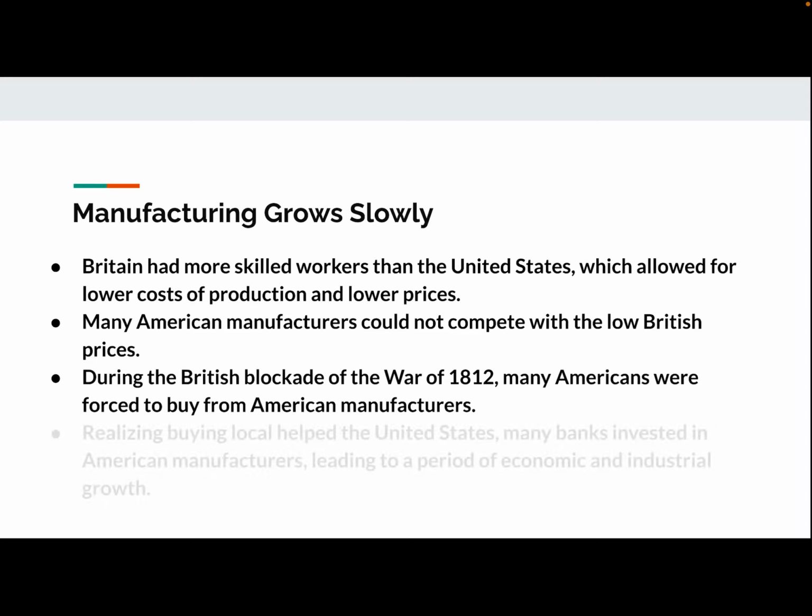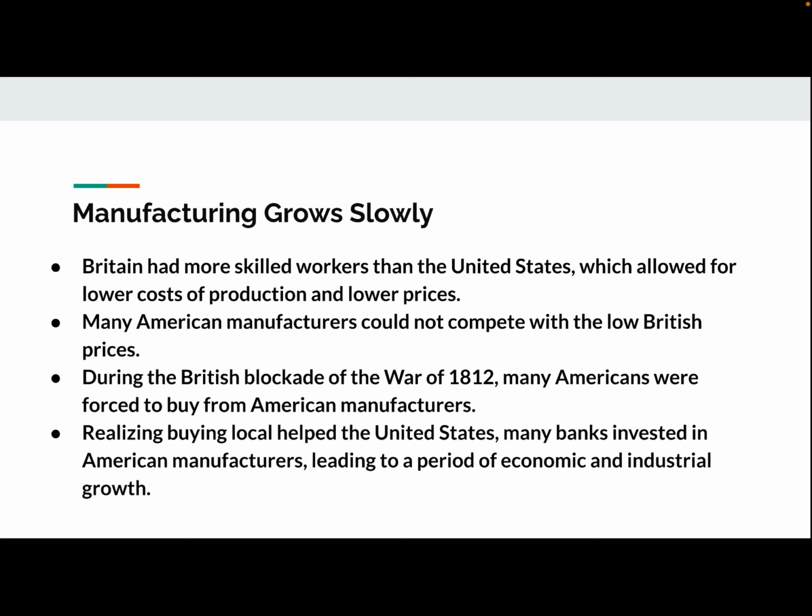They would give money to help them start their business and get the investment back in return. So it led to a period of economic and industrial growth, which then led to a growth of money for the country as well.